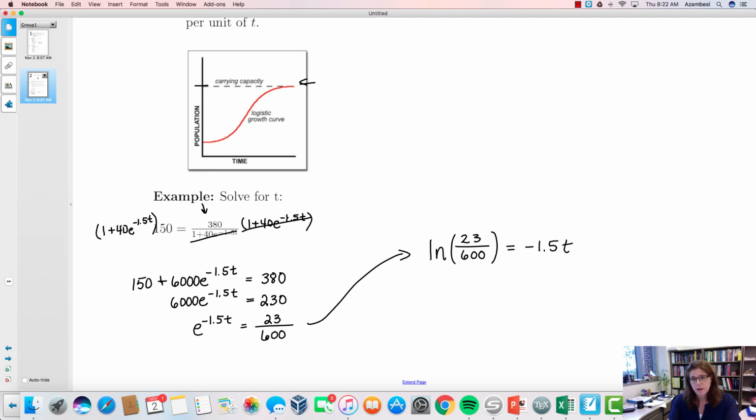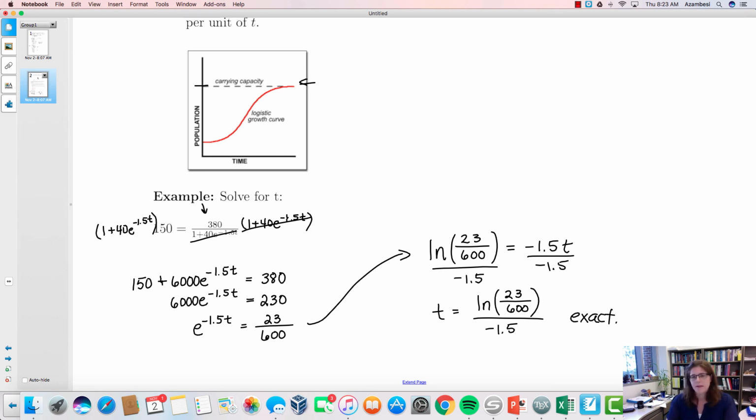So if we're looking for exact solutions, we're just going to divide through by negative 1.5. So negative 1.5 dividing through on both sides gives us what our t is equal to. So t is equal to the natural log of 23 over 600 divided by negative 1.5. Now this is an exact answer.